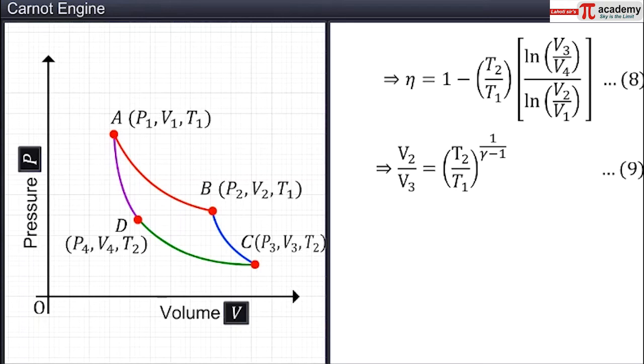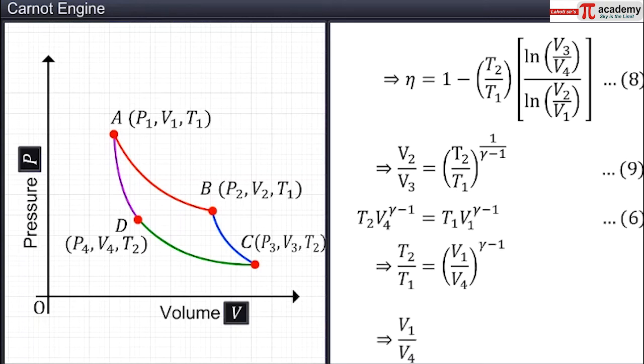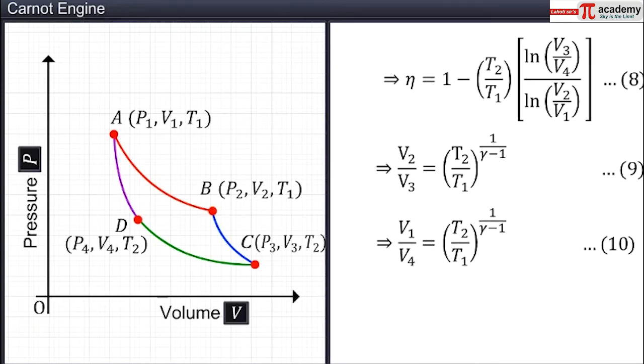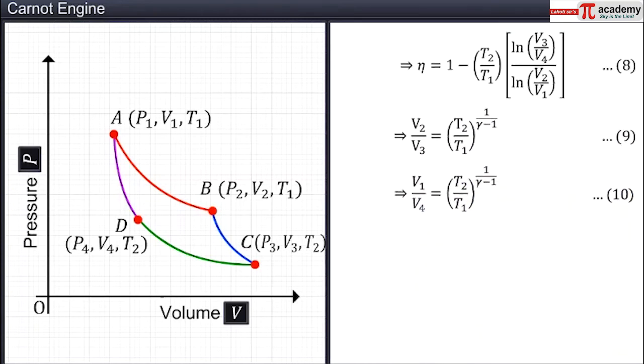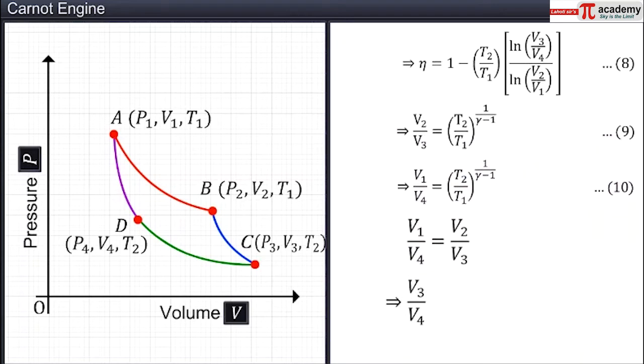Similarly, equation 6 can be rewritten as V1 by V4 is equal to T2 by T1 to the power of 1 by gamma minus 1. Let this be equation 10. From equations 9 and 10, we have V3 by V4 is equal to V2 by V1.